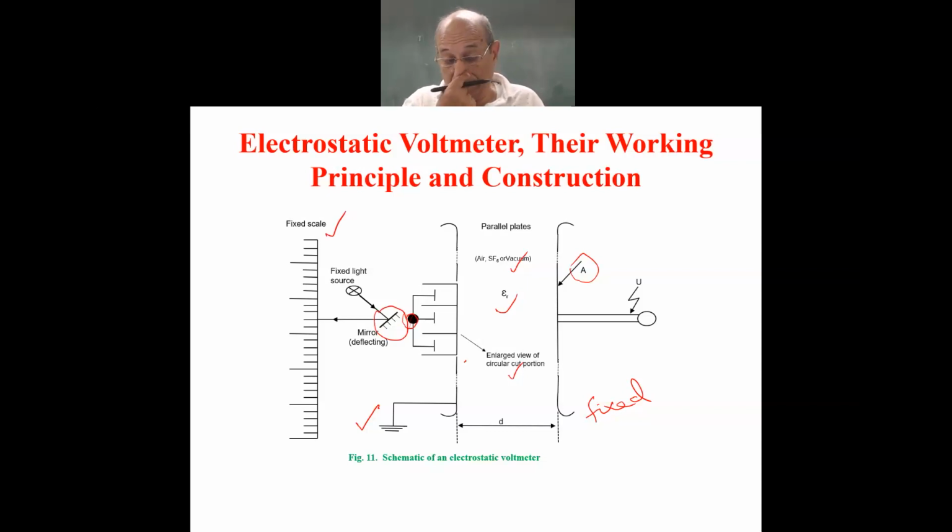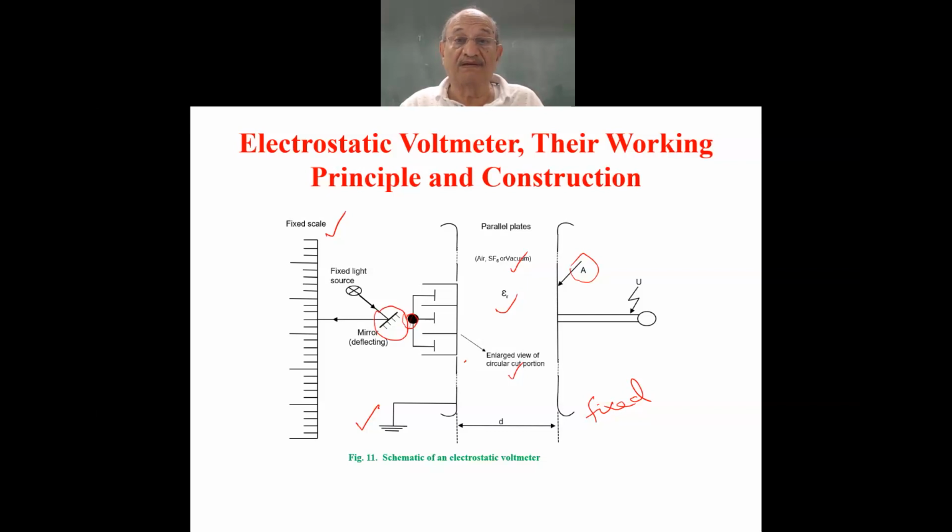So because of the force experienced by the floating mechanism accompanied with a mirror, the mirror rotates or twists, and the fixed light source falling on the mirror gives different reflection angles on the fixed scale.